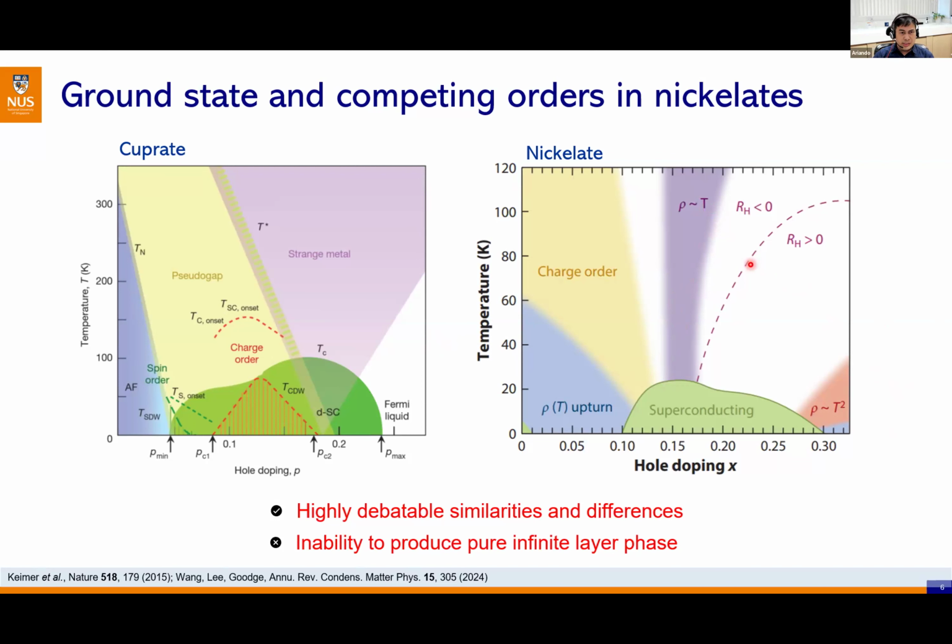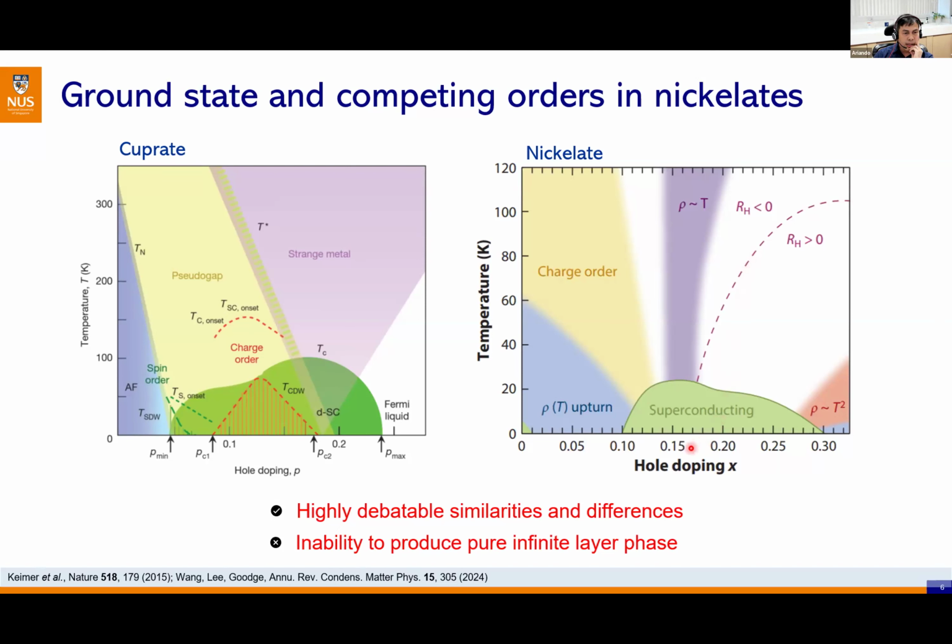Before we go further with this, I think it is really important to try to understand the origin of this and to overcome these issues, so that we can really come up with conclusive results in terms of what states we have in the nickelate in comparison to the cuprates.